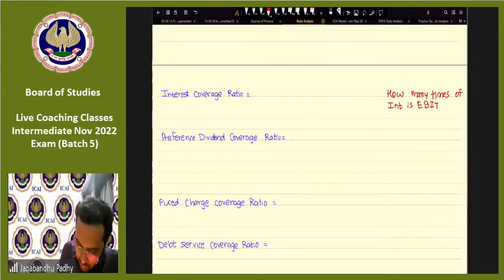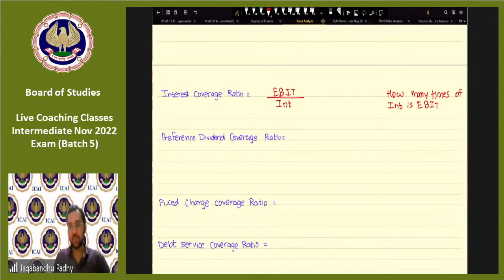In the interest coverage ratio, we have EBIT upon interest, right? So as compared to interest, what is the income that I have? I hope every one of you agrees with me that from EBIT only you are going to pay interest, because you subtract interest from EBIT, and that's what we call the interest coverage ratio.